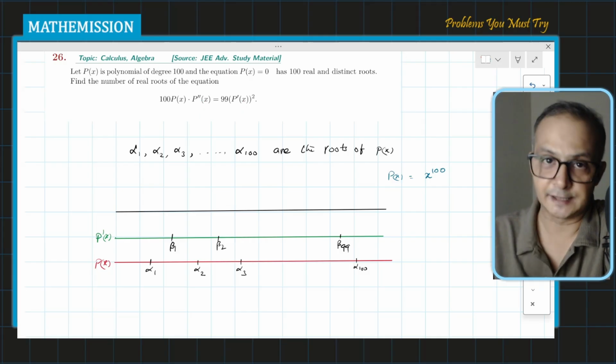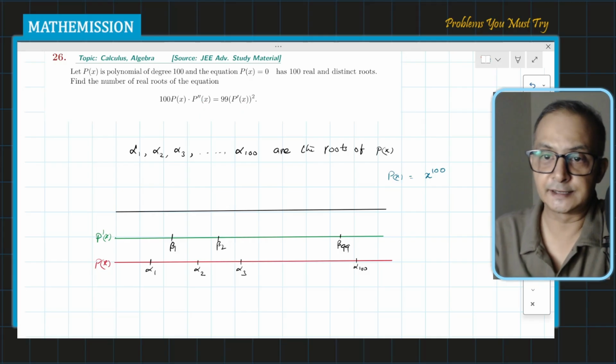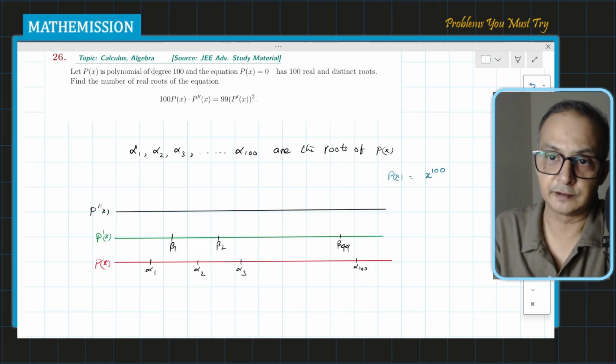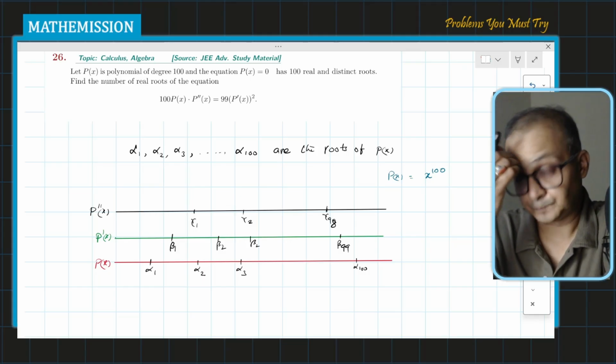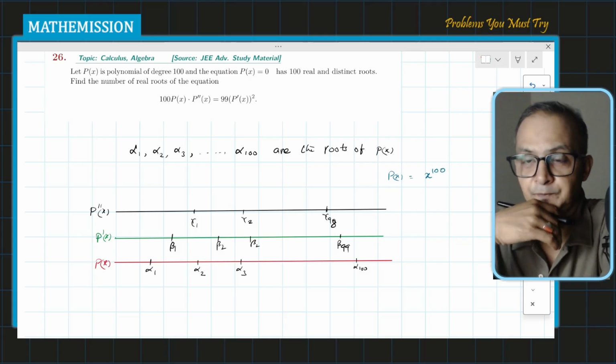So if p double dash x exists, its roots, let's say gamma 1 here, then gamma 2 will be between beta 2 and beta 3, and so on till gamma 98.